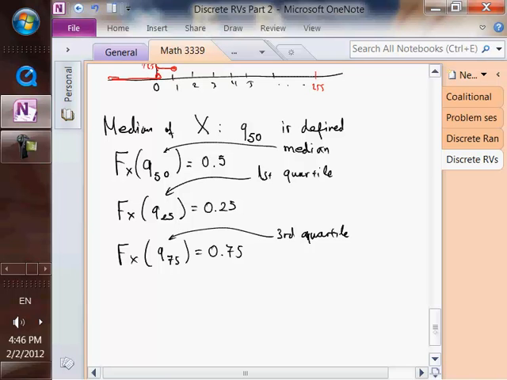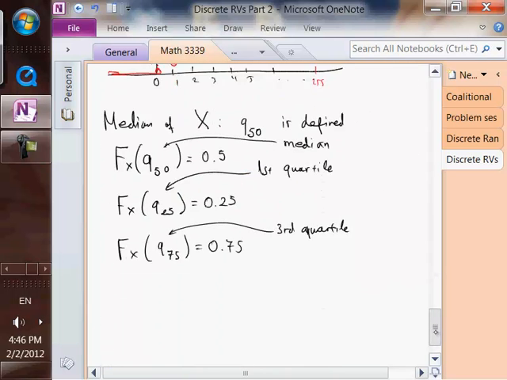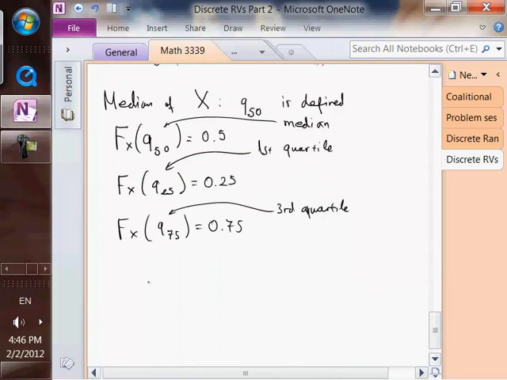So what should be the median for that uniform distribution that I had before, for this X? Okay, so we try to find what is the number Q50 that will satisfy this.